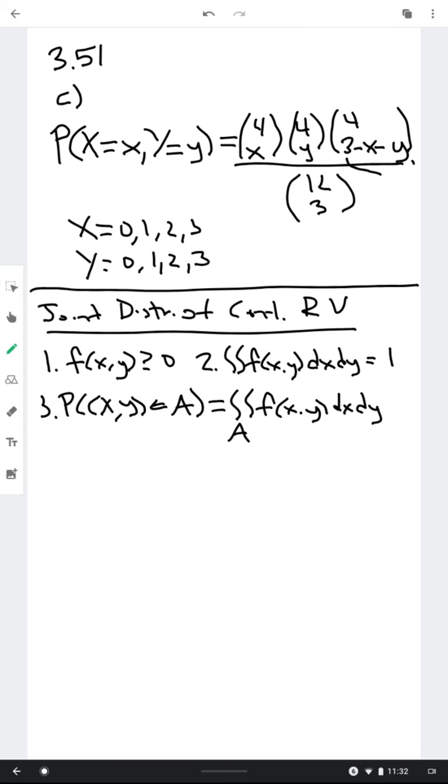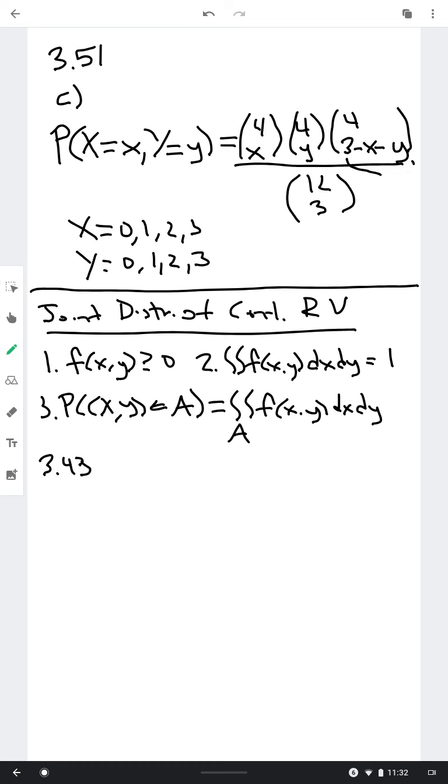So let's look at an example of this. I'm going to example 3.43 on the next slide, and we'll call this the stimulus example. It says: let X denote the reaction time in seconds to a certain stimulus, and Y denote the temperature in degrees Fahrenheit at which a certain reaction starts to take place.